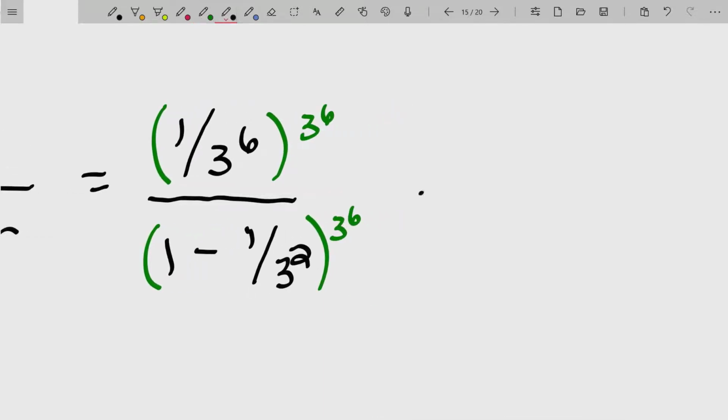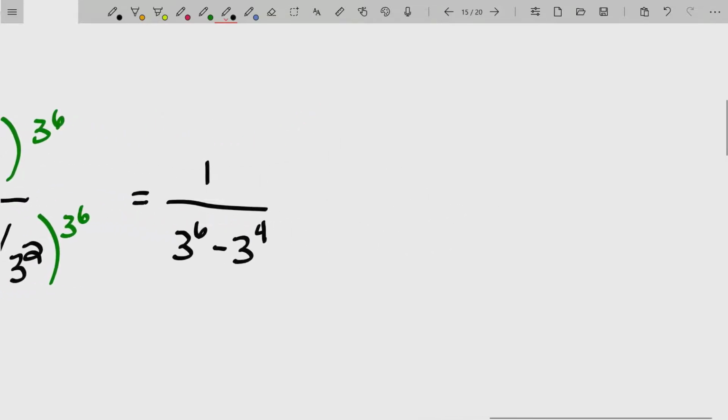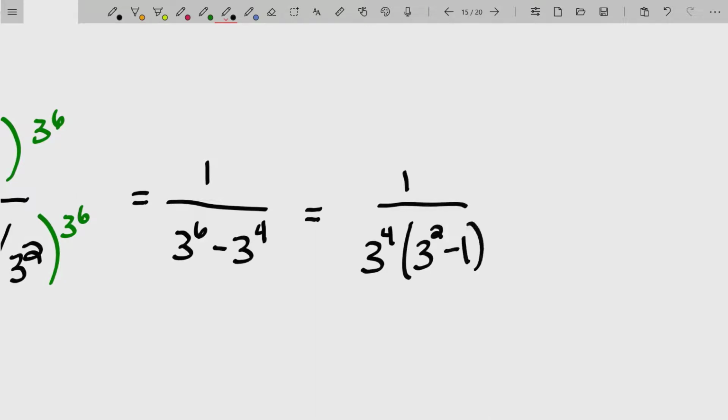And you get this beautiful 1 over 3 to the 6th minus 3 to the 4th. I trust you can do the simplification there. And I'm going to factor out 3 to the 4th and be left with a 3 squared minus 1. Notice I'm doing something that you would do with algebraic expressions. Nothing stops you from using your algebra with constants.